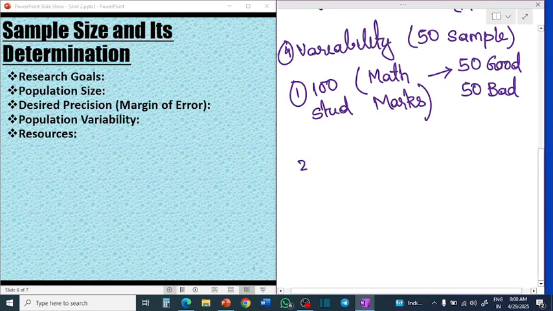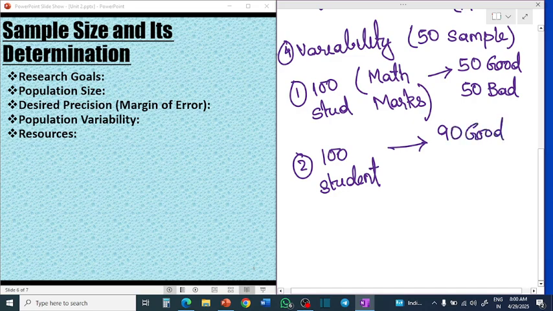But if there is less variability, say out of these 100 students, 90 are good in mathematics and 10 are bad in mathematics, then it will be easier for you to take the sample because most of the students are good in that particular subject. So this is known as variability.